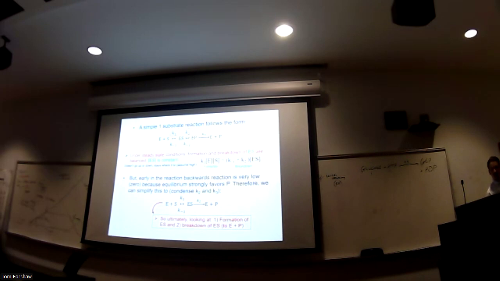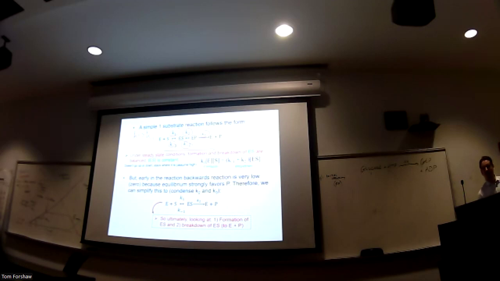K1, K2, K3. Because these are reversible reactions, you've also got the rate that it can break apart as well. But generally, it's going to be going forwards, and so K1 is going to be greater than K minus 1. These are little k's as well for rate, I should mention. Now, under steady state, like I say, the ES is constant.